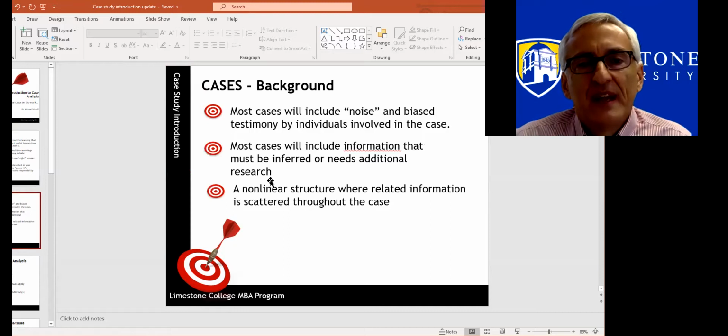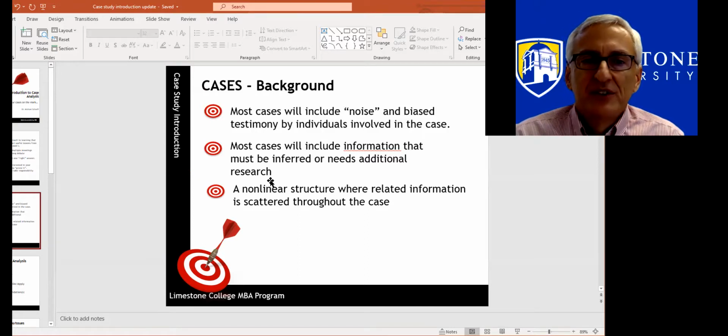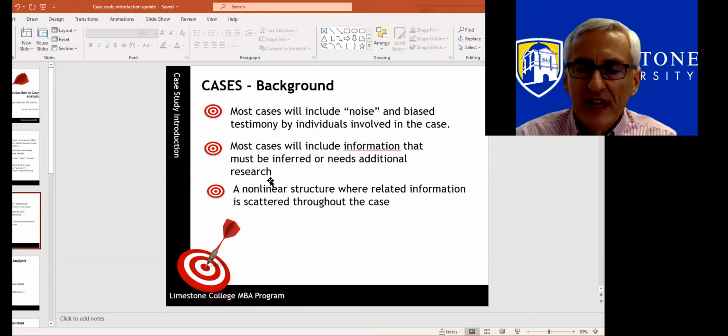A lot of case studies have noise in them, meaning there's information in there that is not relevant to the situation. And again, in most of these cases, they try to make it as close to real life as humanly possible.